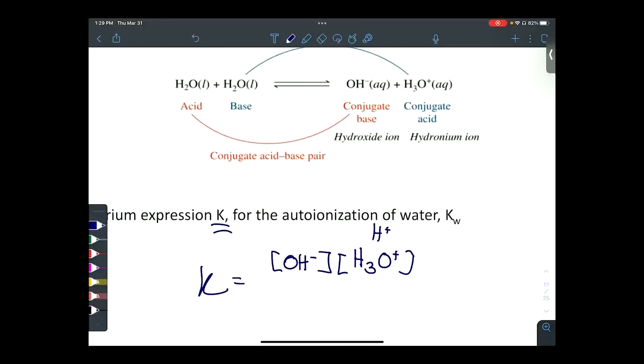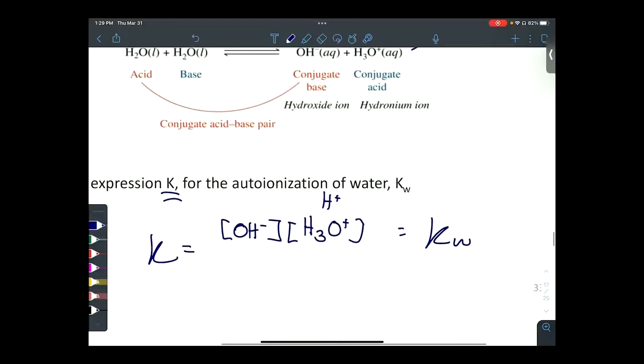So this expression is very useful to us. I said we're calculating K for this reaction, but in actuality, it's so special that we give it its own name. It's called the Kw, the equilibrium constant for water. All right, and so this expression has a specific value associated to it.